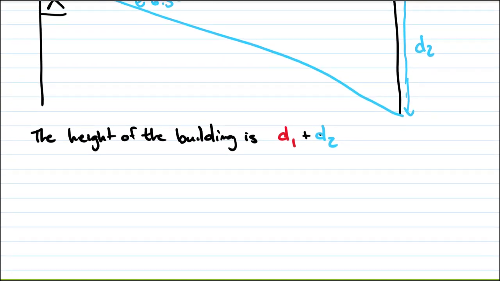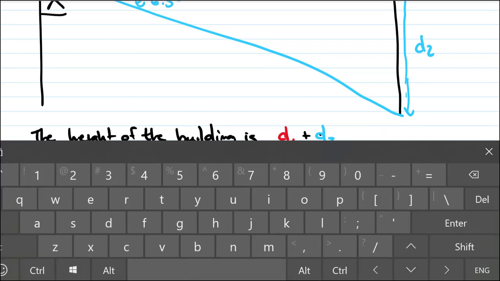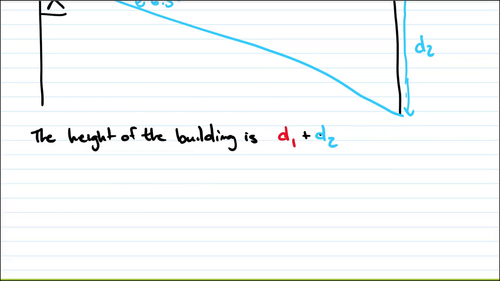So we get the following equation for D1. We have that the tangent of 18.7 degrees is equal to D1 over 100. And we also have that the tangent of 6.5 degrees is going to be equal to D2 over 100.